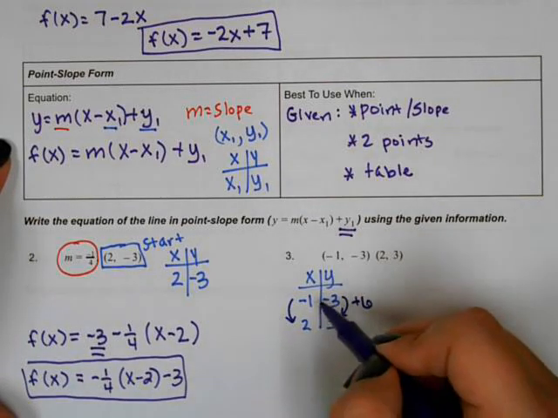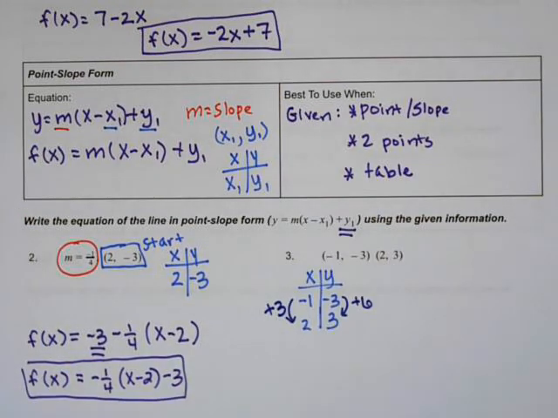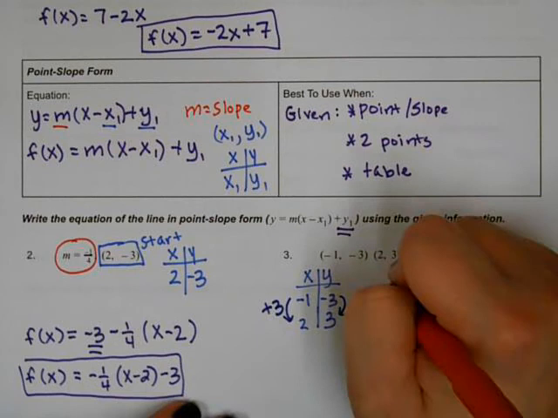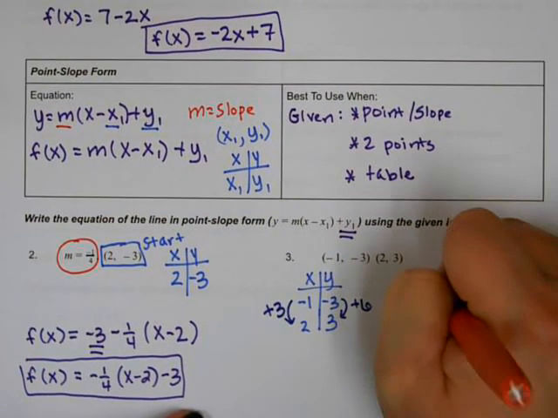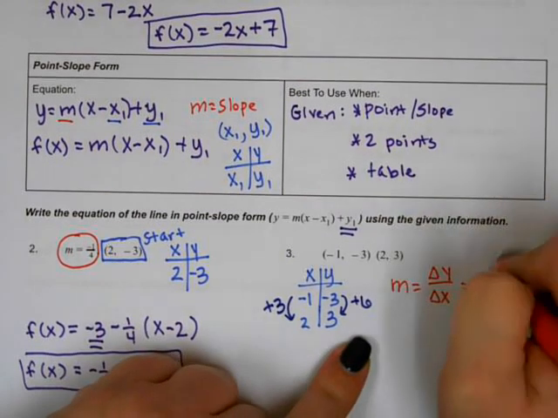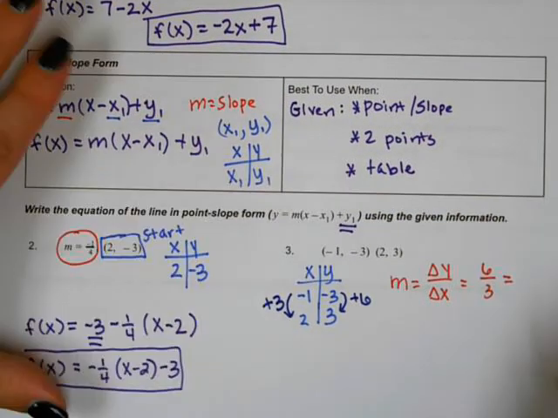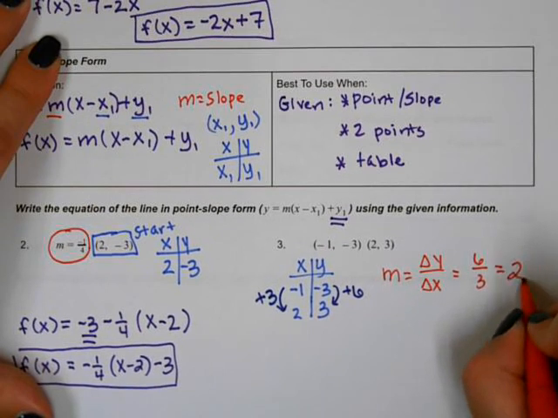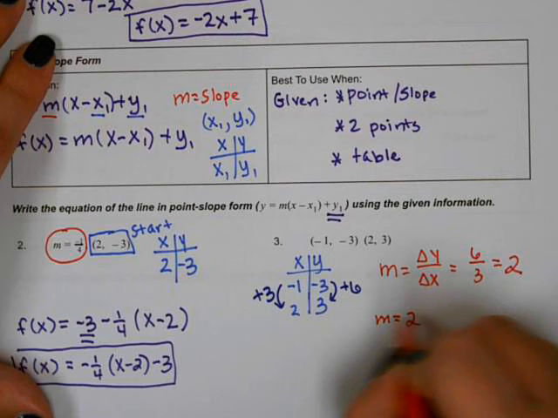To go from negative 1 to positive 2 is plus 3, which means if I want to find my slope, which I know is change in y over the change in x, then I'm going to go 6 over 3, which simplifies down to 2. So that means the slope of this line, or the rate of change, is 2.